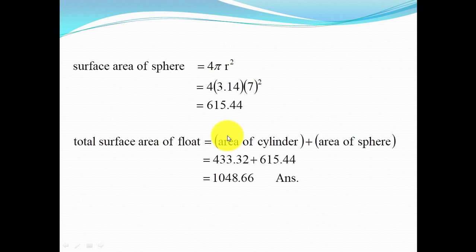Now the total surface area of the floor is equal to the area of the cylinder plus the area of the sphere, because we just divided the floor into two parts. So the final surface area of the floor is 1048.66.